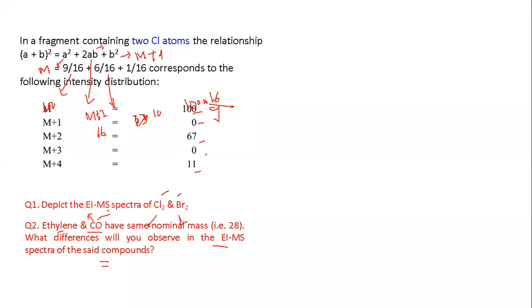When you have two different atoms, you can multiply with another term: A plus B to the power n into C plus D to the power m. This is for one atom, and this is for another atom. This you have to consider.